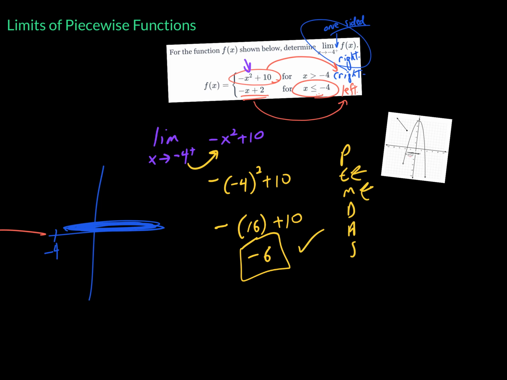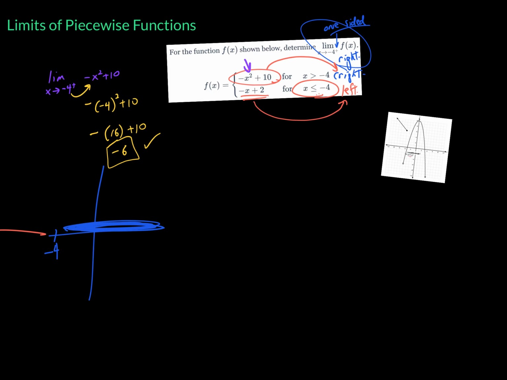Let's continue, though. Let's see if the limit exists at negative 4, not just from the one side. So, like we said on the other page, if we want to see if the limit exists, let's write this down. Does the limit of our f of x exist as x is approaching negative 4?